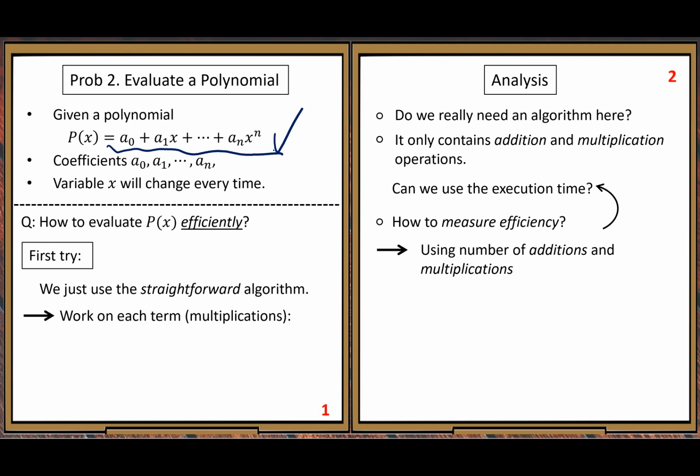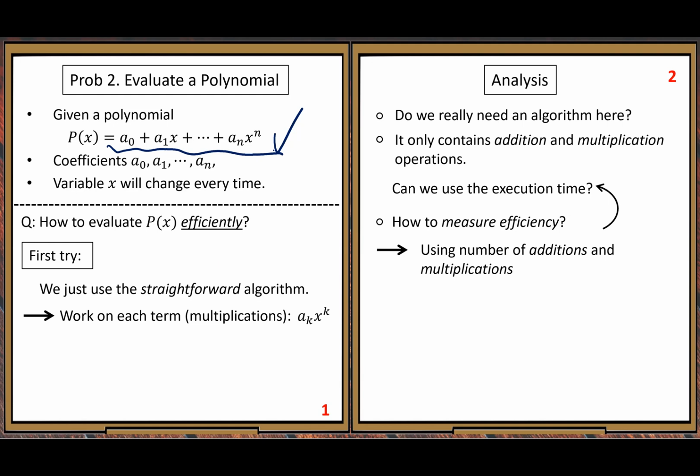Here, we want to consider a general term. What is the general term? Here, we write the expression of general term. A sub k times x to the kth power. That's the general term, right? When k equals 0, that's the first term. When k equals 1, the second term, and so on.